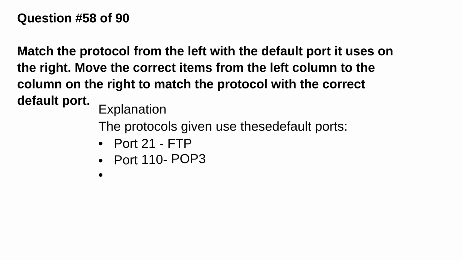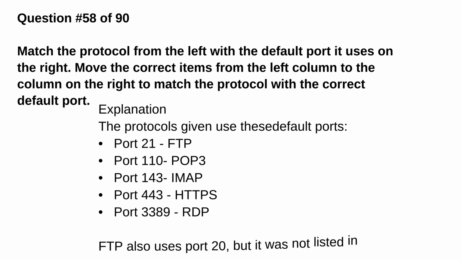Question 58 of 90. Match the protocol from the left with the default port it uses on the right. Move the correct items from the left column to the column on the right to match the protocol with the correct default port. I'm just going to give the explanation. The protocols given use these default ports. So port 21 uses FTP. Port 110 uses POP3.